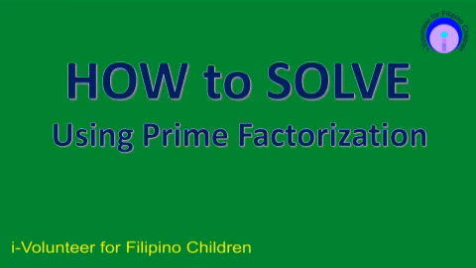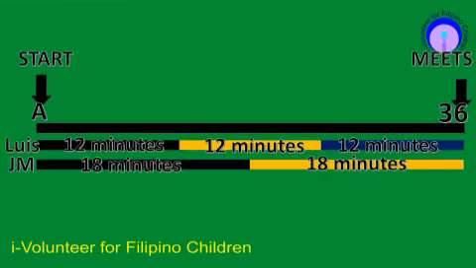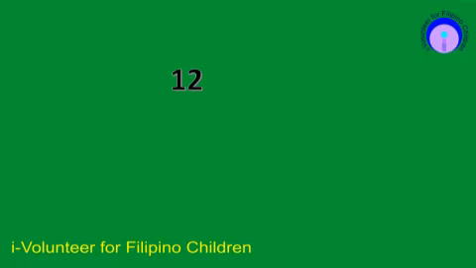This is another method of finding the least common multiple. Louise runs 12 minutes, while JM runs 18 minutes. Use prime factorization. Start with the prime number 2. 12 divided by 2 is equal to 6, and 18 divided by 2 is equal to 9.